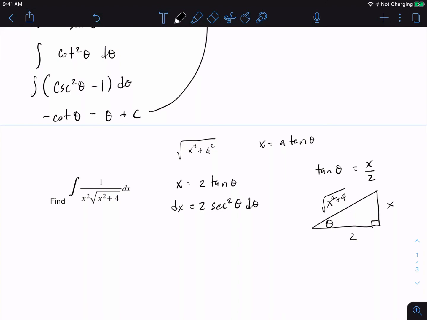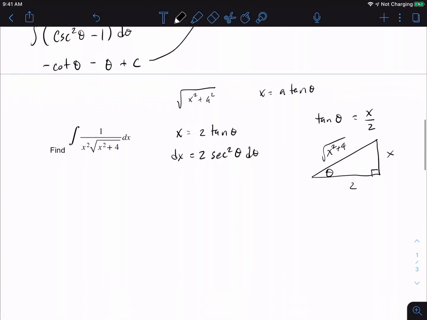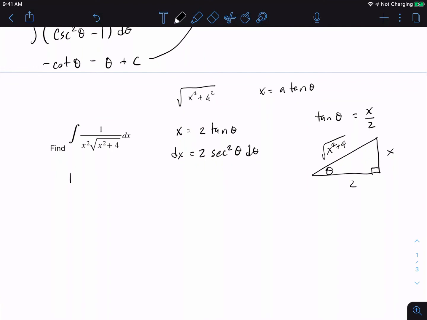So now let's do the substitution. So I'm going to get 1 over, here's my integral, of 2 tangent theta times the square root of 2 tangent theta squared plus 4 times 2 secant squared theta d theta.